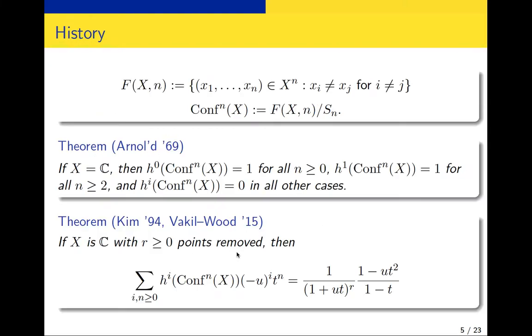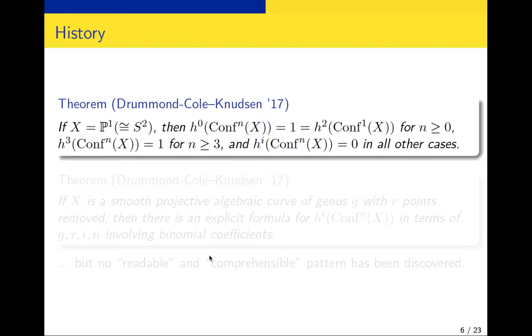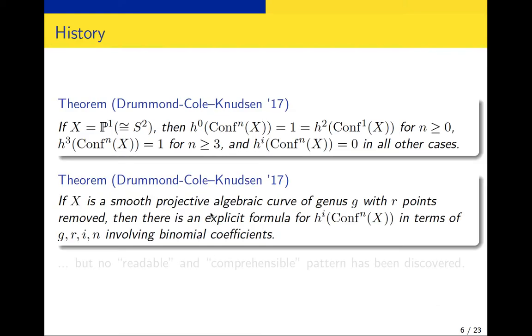Well, for the previous case, we can summarize them by the genus, because if X is C minus some points, you can view them as the genus zero curve, which is P^1, the Riemann sphere, minus a certain number of points. And we can ask what happens for other general curves, any genus punctured with any number of points.